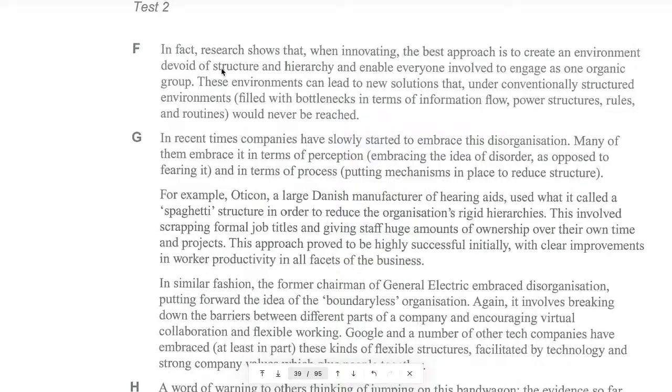These environments can lead to new solutions that under conventionally structured environments in terms of information flow, power, structure, rules, and routines could never be reached.